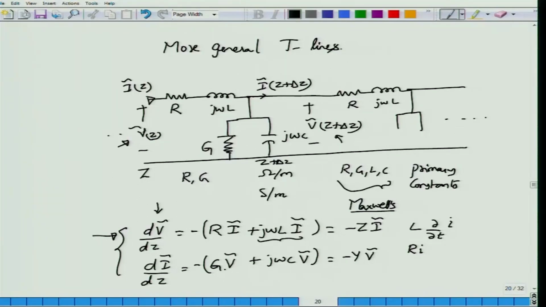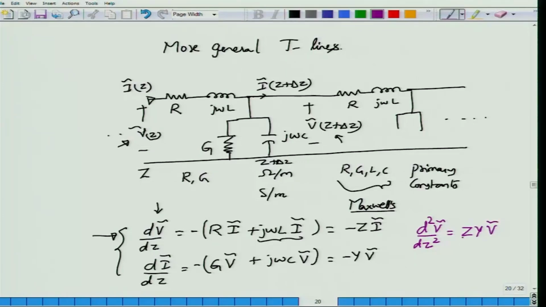If I differentiate the first expression for the voltage, I get d square V by dz square, and that would be equal to minus Z. I am assuming that Z is independent of z, as this is a uniform transmission line, into dI by dz, but dI by dz is nothing but minus Y into V. So, if you make a second order differential equation for this, you will end up with an equation which says d square V phasor by dz square, how the voltage is changing along the transmission line, is given by ZY into V.